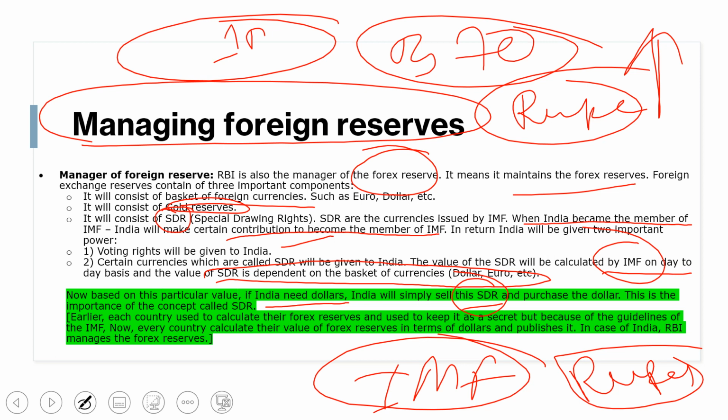Earlier each country used to calculate their forex reserves and keep them secret. But because of the guidelines of the IMF, now every country calculates the value of its forex reserves in terms of dollars and publishes it. In India, the RBI manages the forex reserves.